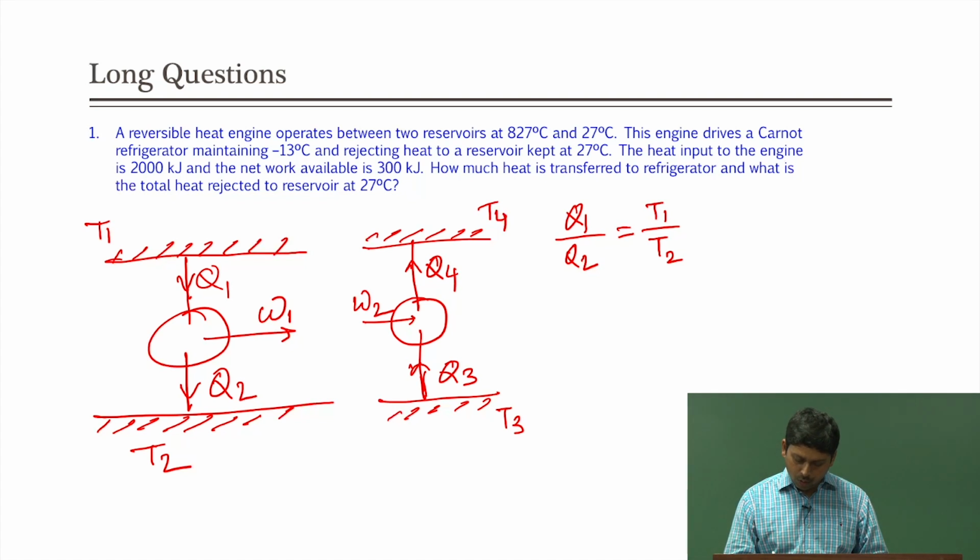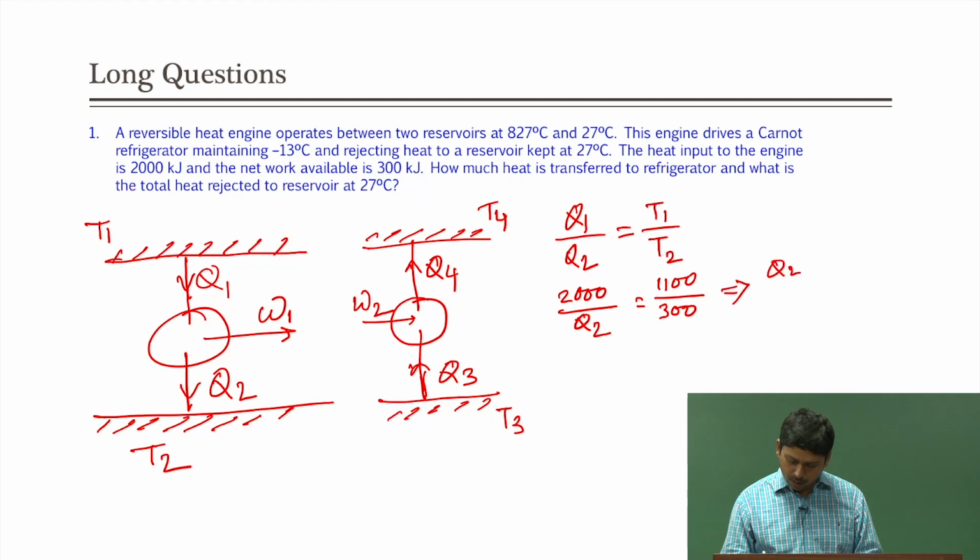So, Q1 is 2000 kilojoule, Q2 we do not know, T1 is 827 degree which is converted to Kelvin, it will become 1100 and 27 degree will become 300, this we know. So, this will give us Q2.